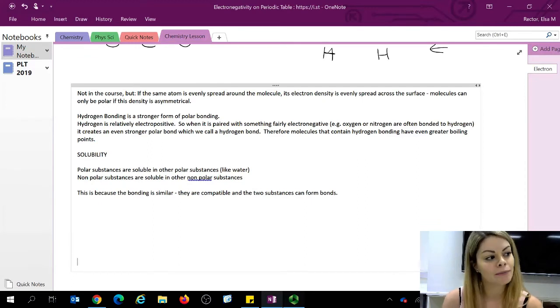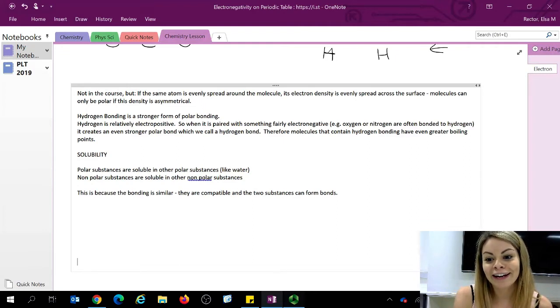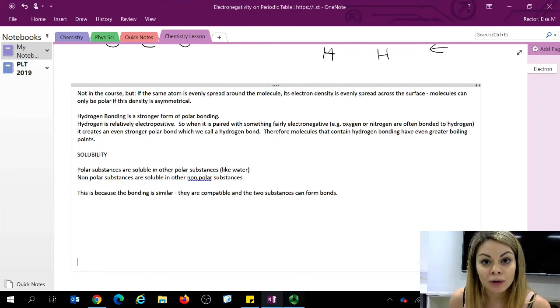So if we take something polar, we can dissolve it in water and it'll be soluble because it creates those same polar bonds with the water itself, because they're both capable of creating polar bonds. Whereas if I take something that is non-polar and I try and dissolve it in water, which is polar, we're not going to get polar bonds being formed because one of those things is non-polar.